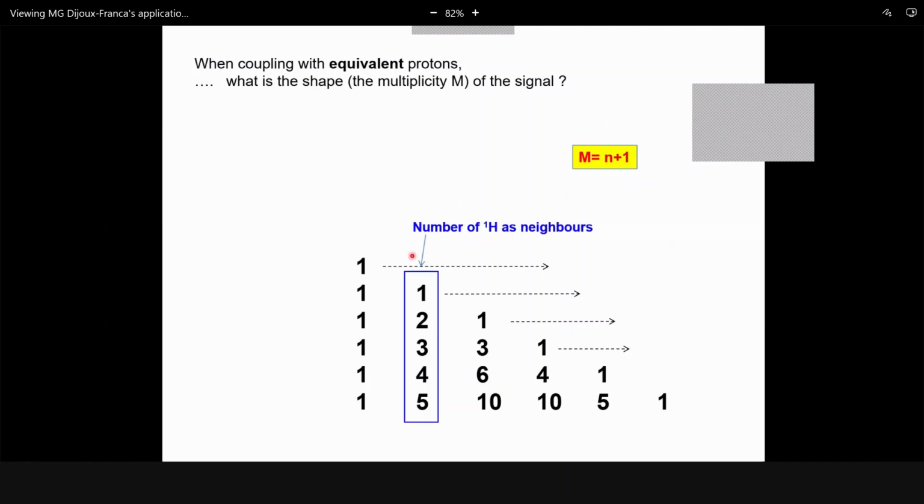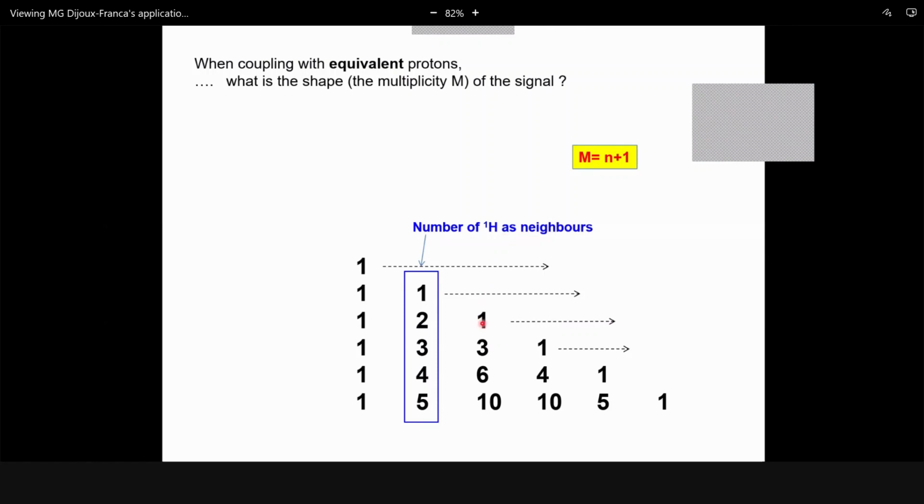So you know the Pascal triangle? This is the Pascal triangle where in the first column you have only one number, and the first one you have only one. In the second column, you start from the second line, and then you write 1, 2, 3, 4, 5.